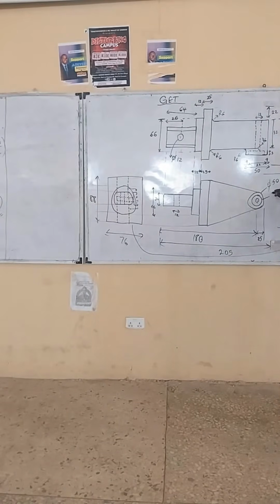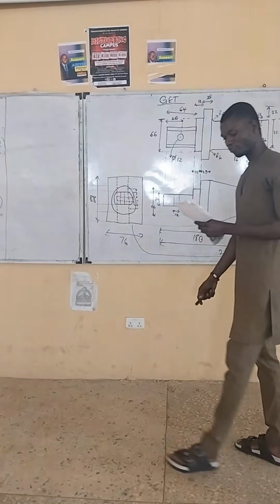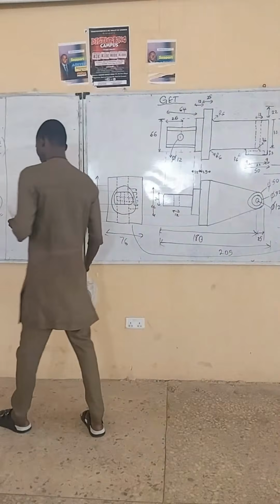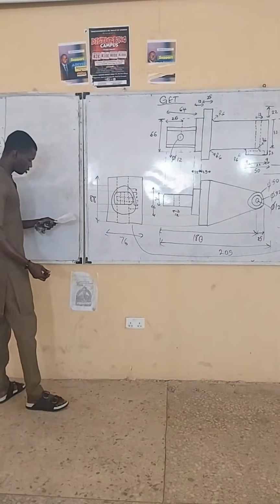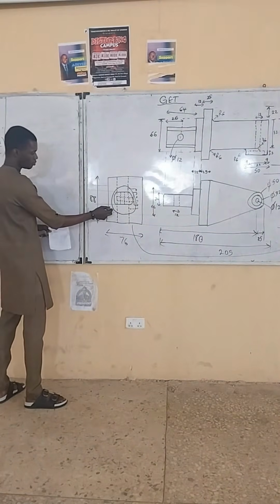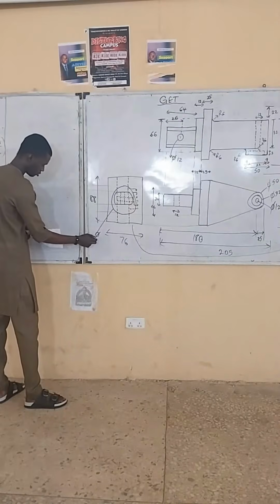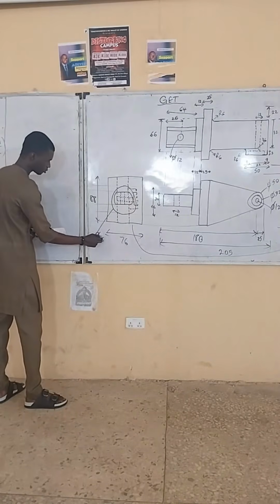Diameter of this one to be 32. And diameter of this one to be 12. Then from the plan, I have the diameter of this one to be 66.